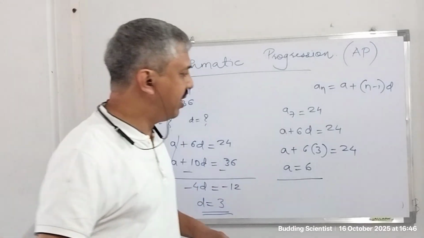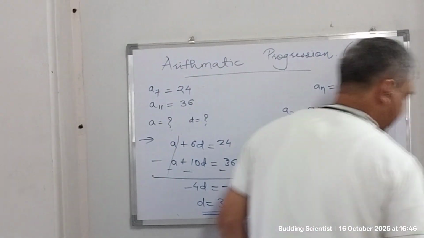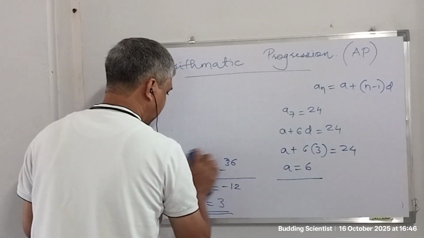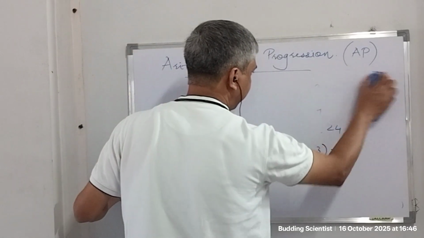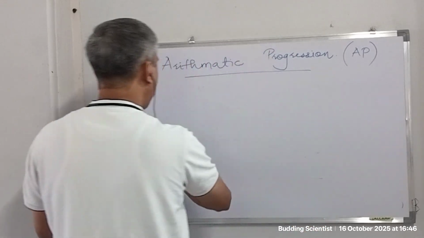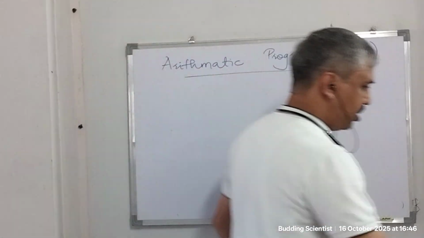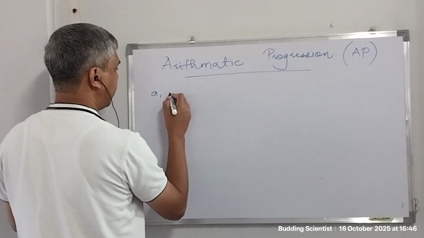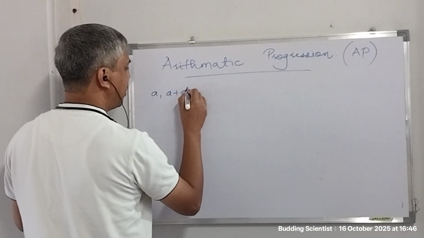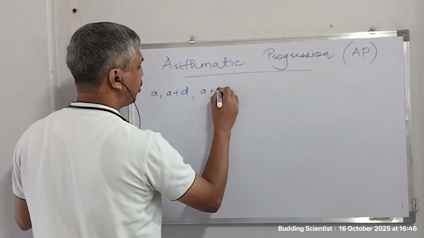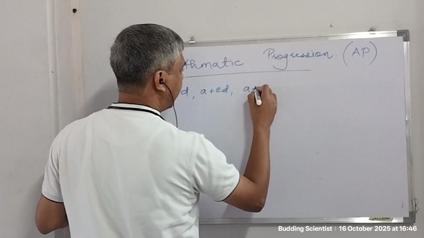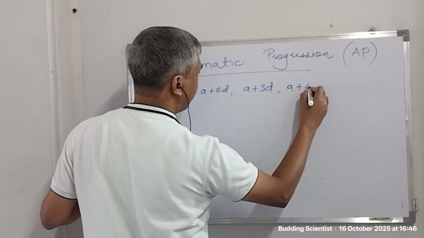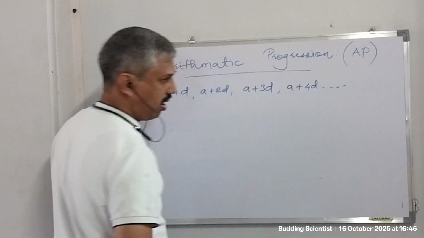We'll now talk about the sum of the numbers. So the sequence is a, a plus d, a plus 2d, a plus 3d, a plus 4d, and so on.